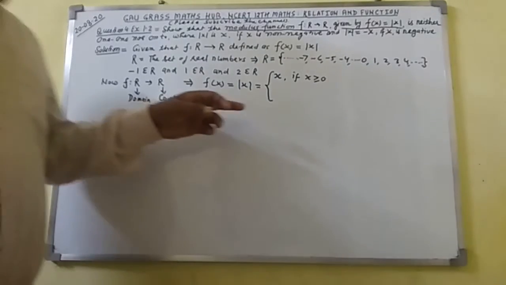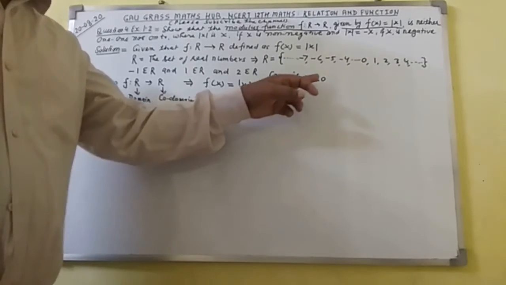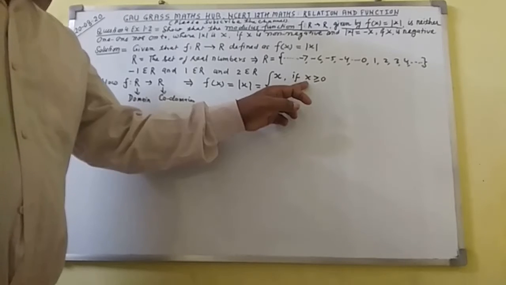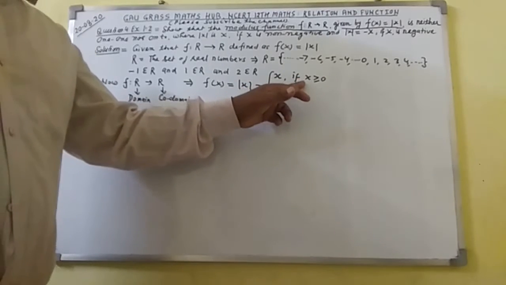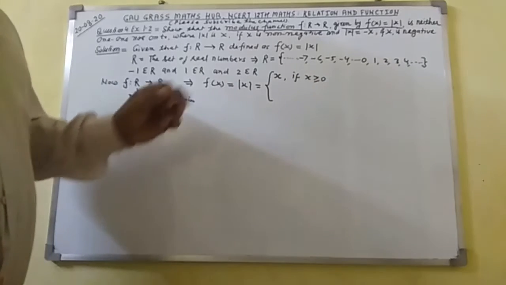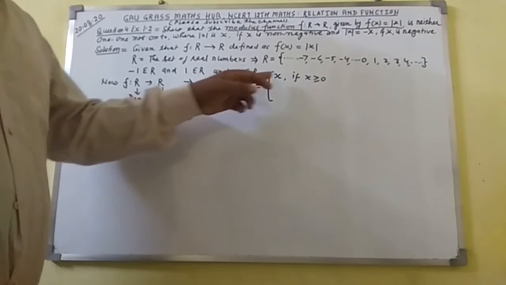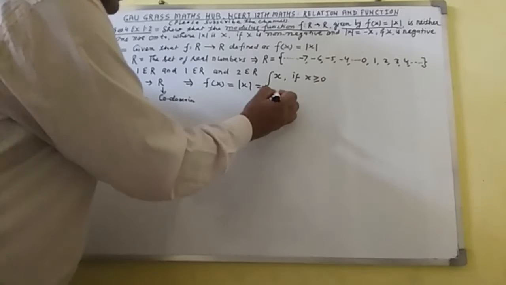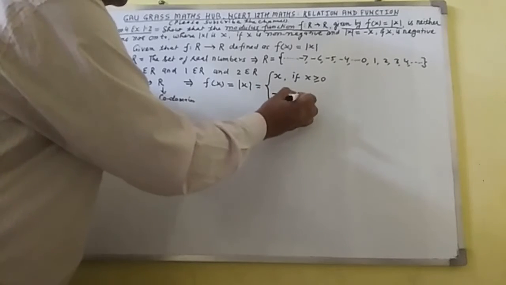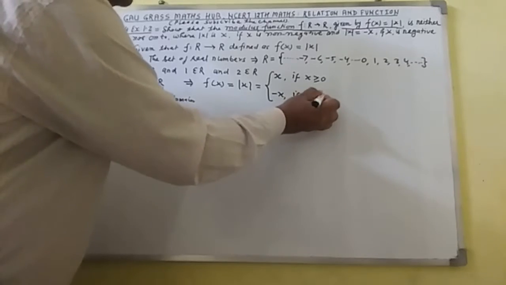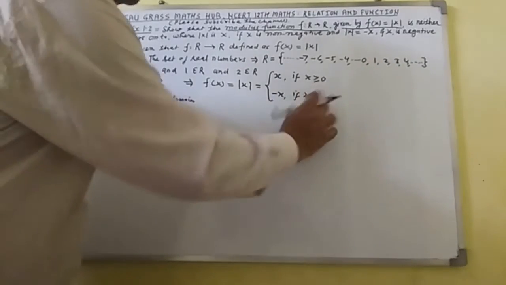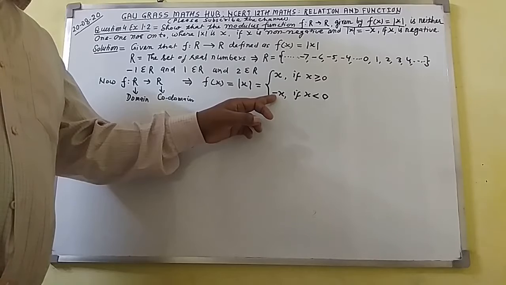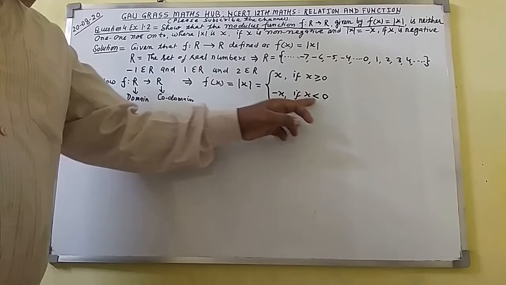If the value of x equals 0, 0 is taken as non-negative. If x equals 0 or x is greater than 0, then mod x will be equal to x, and mod x will be equal to minus x if x is less than 0.